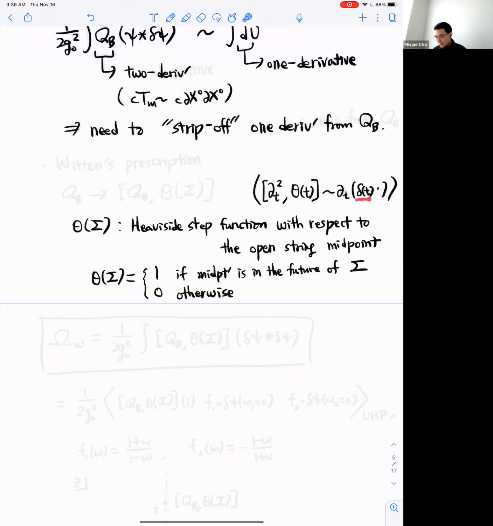And not only that, it actually gives you something that localizes to t equals 0. Okay, so here we already see that if you introduce a commutator against a step function, then you also have the notion of a Cauchy slice. And you also succeeded in getting the first order derivative. Okay, so to me, this was the reason why Witten's prescription made sense.